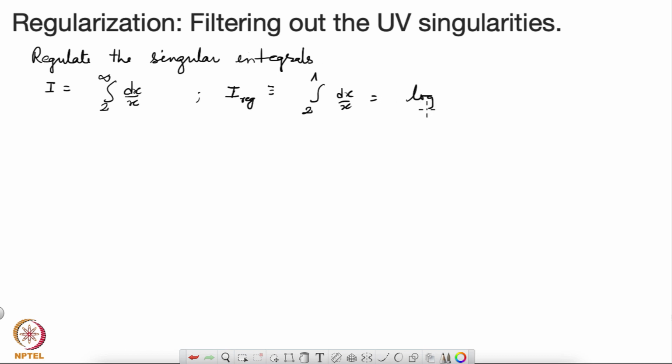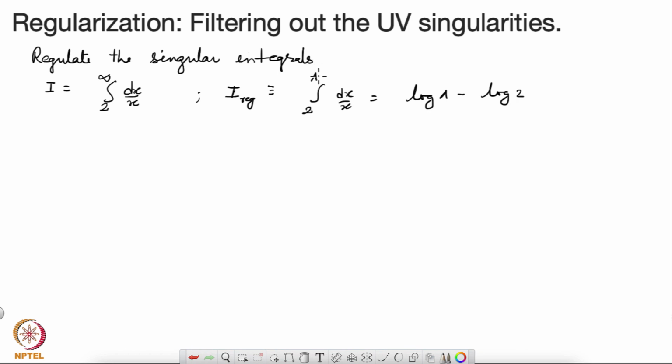This gives you log of Lambda minus log of 2. So here we have regulated the integral. As Lambda goes to infinity, you recover the original integral I, right? So I subscript reg goes over to I when you take Lambda to infinity.